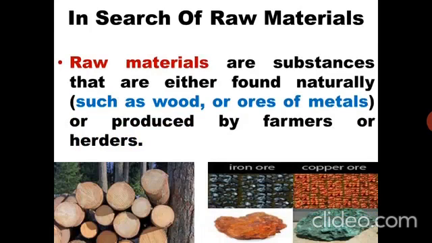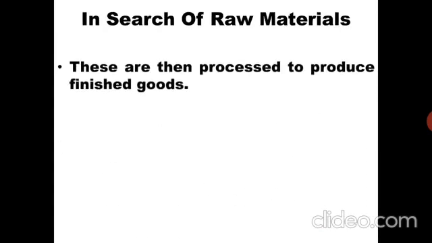Raw materials are substances that are either found naturally, like wood or ores of metals, or produced by farmers or herders. These are then processed to produce finished goods.